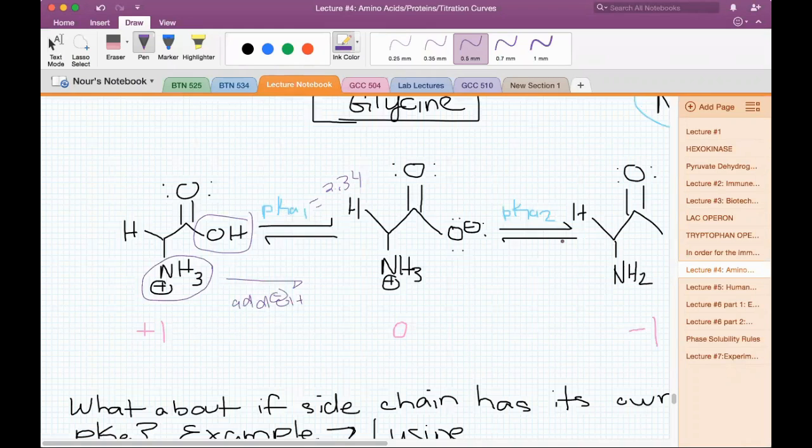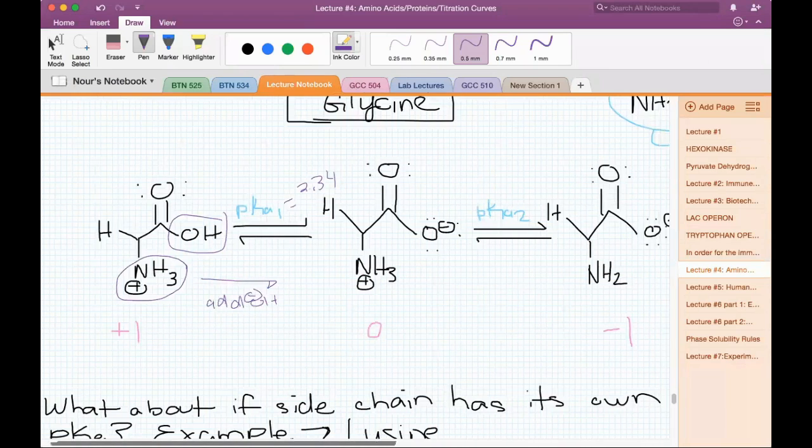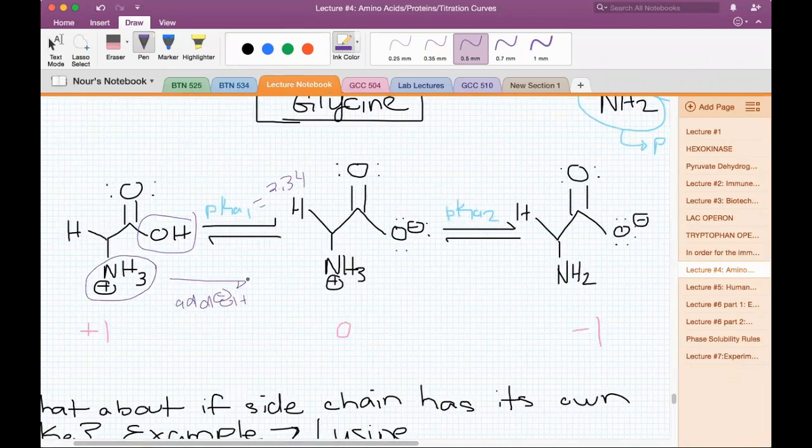These are totally reversible, but you add more OH, and then you get to the zwitterion form. So as each amino acid in the solution gets its proton stolen, it'll reach this structure, the zwitterion, which is 0 because plus 1 and minus 1 equals 0.